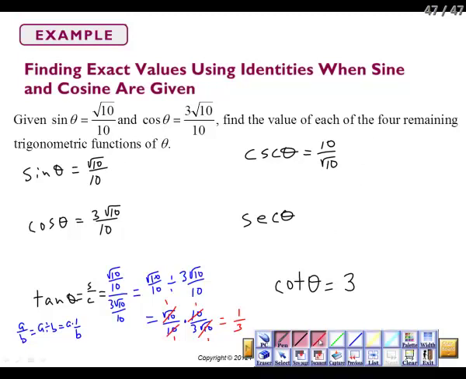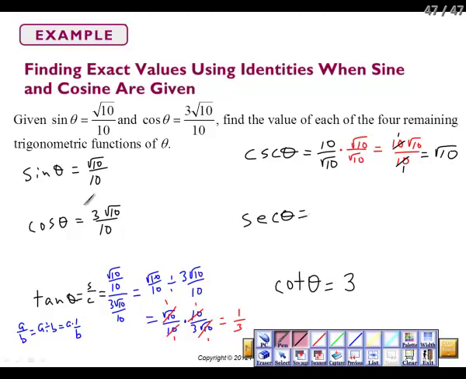And we can't leave the radical in the denominator because that's not simplified completely, so we have to rationalize the denominator. So we have to apply square root of 10 over square root of 10. And so we get 10 square root 10 over 10 times 10, that'll be square root of 100. Square root of 100 is 10. And so the 10s can go into 10 once, and we end up with just the square root of 10 for cosecant.